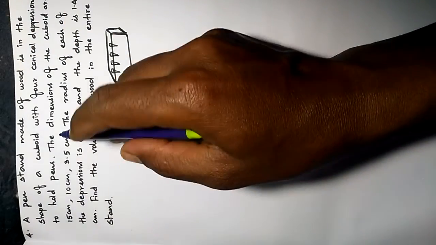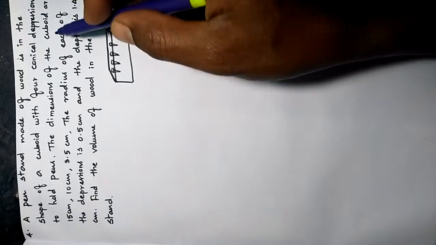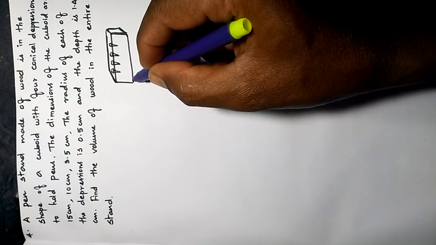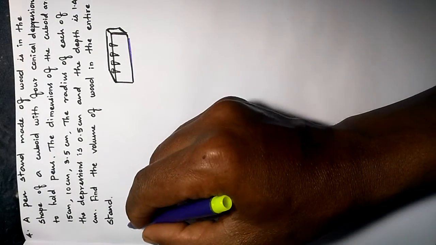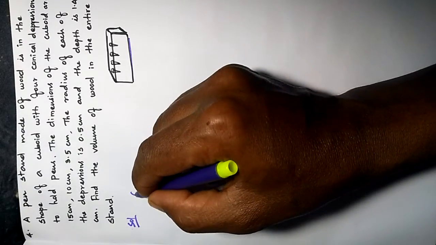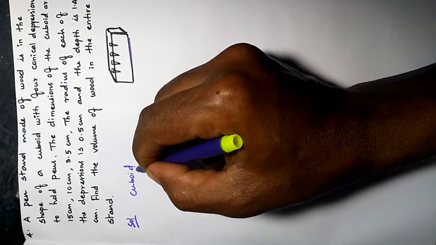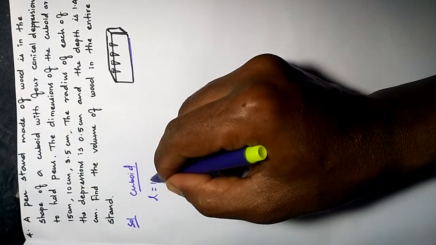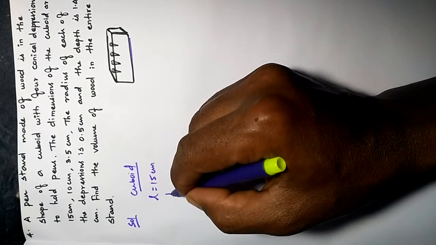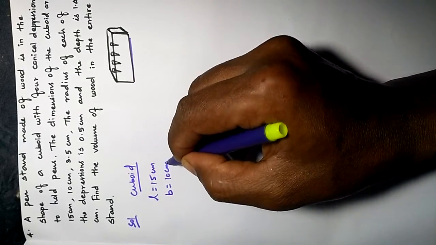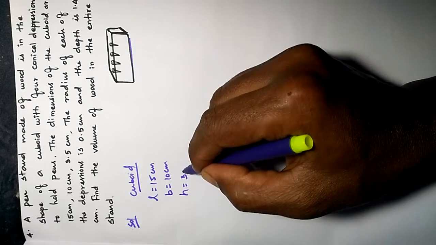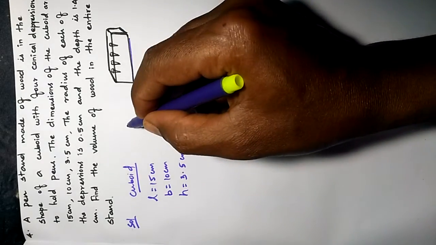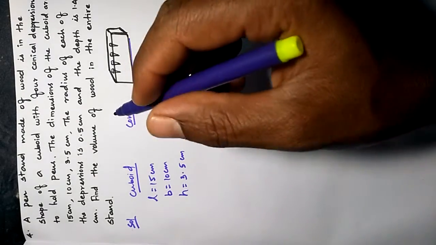Okay, the dimensions of the cuboid are given. Dimensions means length, breadth and height. So let's take that. In the cuboid, the dimensions given are length 15 centimeter and breadth 10 centimeter, height 3.5 centimeter, and we have conical depressions.